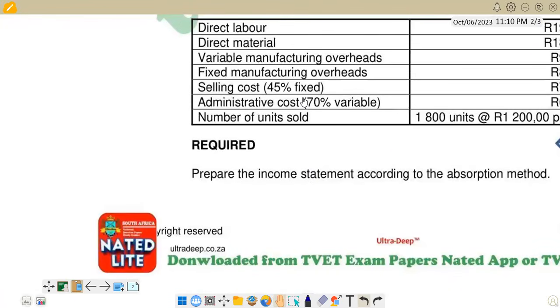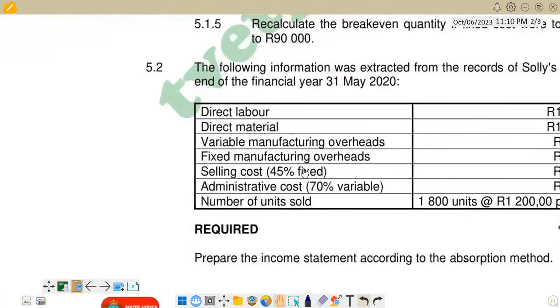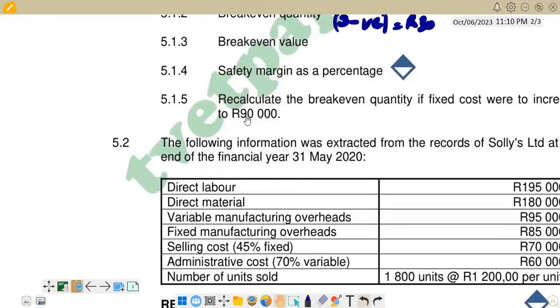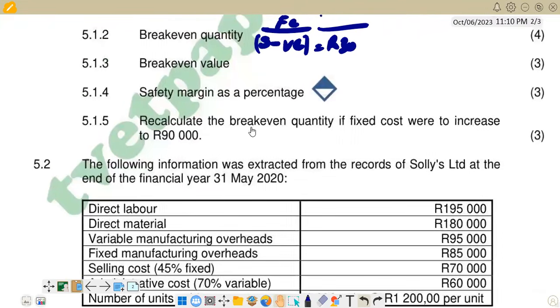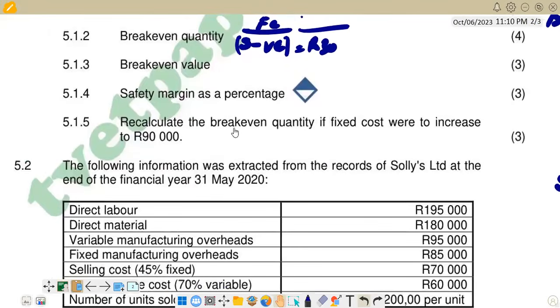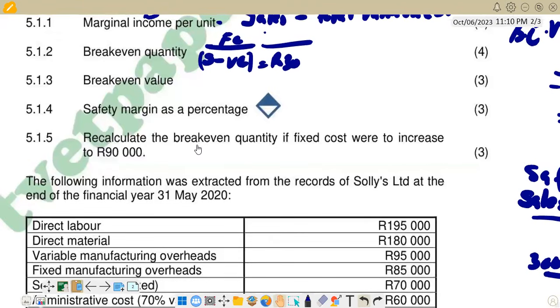The last question is saying recalculate the break-even quantity if fixed costs were to increase to 90,000. So what is changing there is only the numerator. Fixed costs are now 90,000. Remember the formula for break-even quantity: fixed costs over contribution, which is selling price minus variable cost per unit.